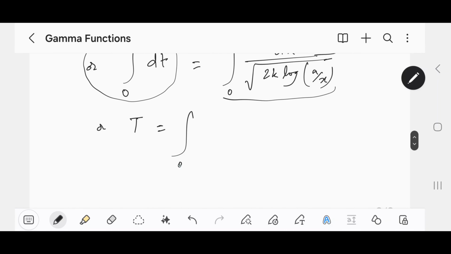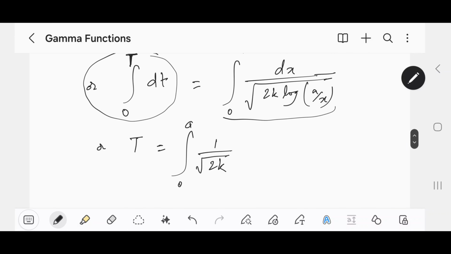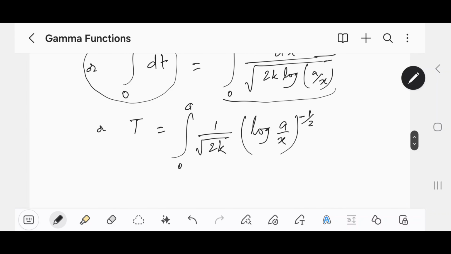So integration 0 to a, 1 by root 2k, and now we have log a by x to the power minus 1 by 2, and then dx.